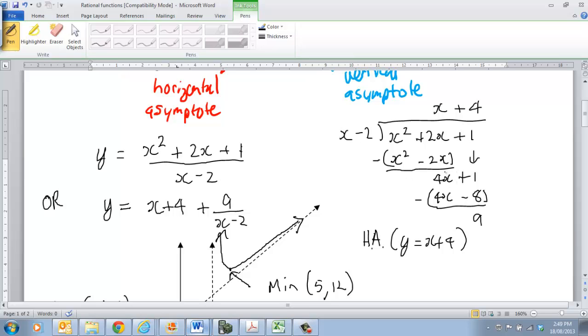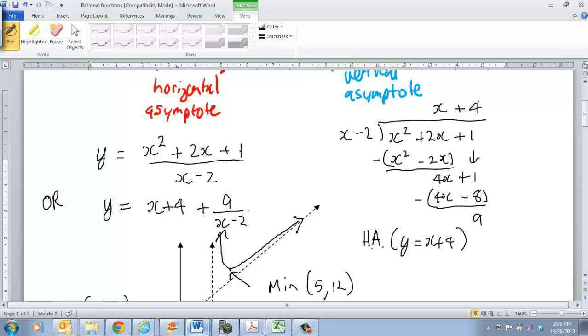Looking at this first term, all I'm going to do is times that whole thing by 4, that becomes 4x take 8, take that away, 1 plus 8 is 9, so therefore I can rewrite this as simply x plus 4 plus 9 over x take 2, right?